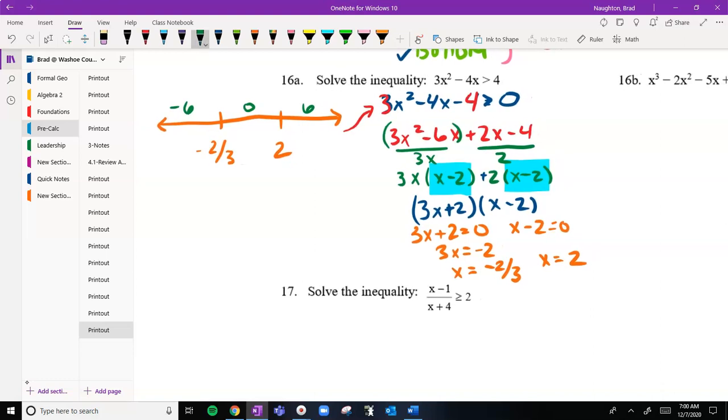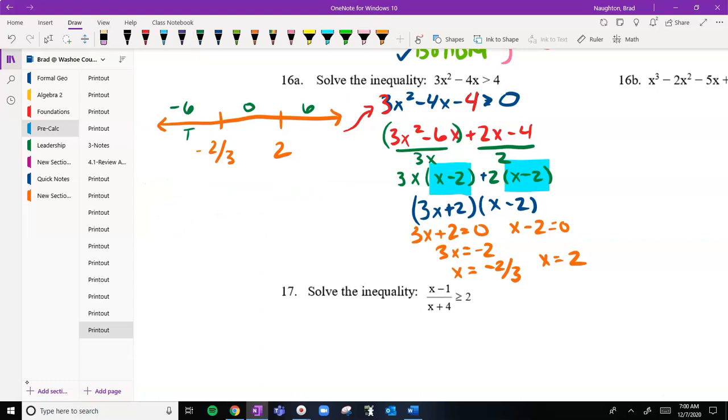So I'm going to have positive 3 times a negative 6 squared minus 4 times a negative 6 minus 4, and again, that has to be bigger than 0. So negative 6 squared is going to be 36, times 3 is going to be 108, plus 24 minus 4. You don't even have to do the math to realize that that's true. Okay, that's clearly going to be bigger than 0.